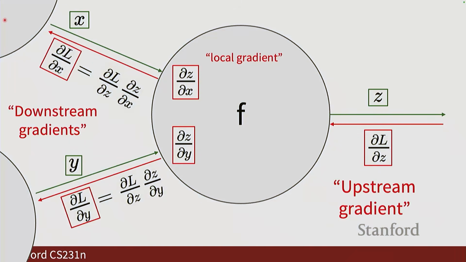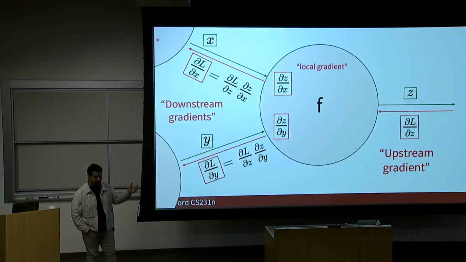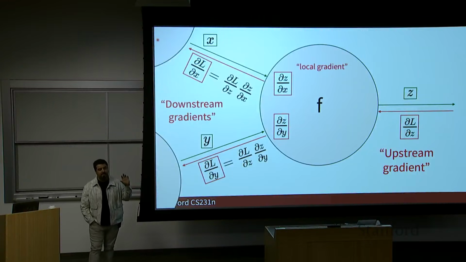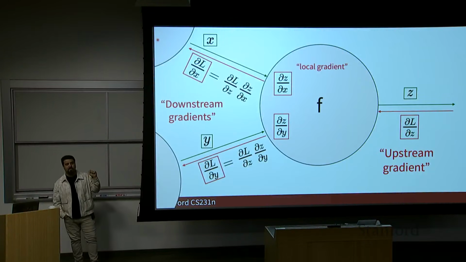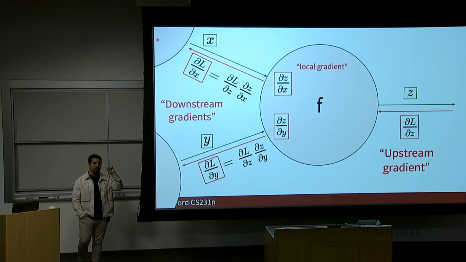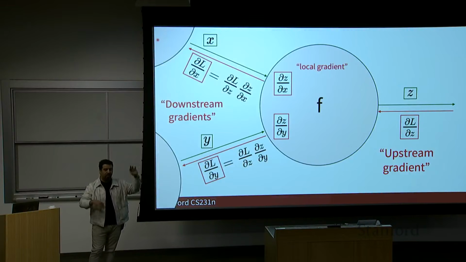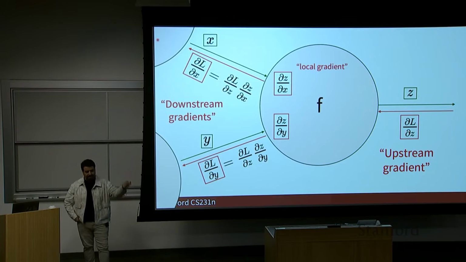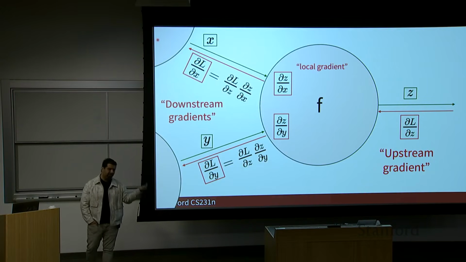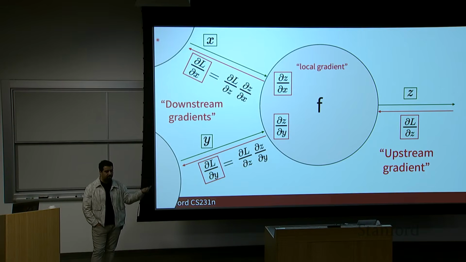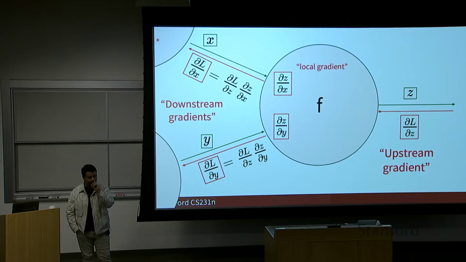If I understand the question correctly, you're saying, how can we understand this intuitively, what the gradients are doing, right? So let's take one step back and see why we are here to begin with. What we needed was to calculate the gradient of the loss function with respect to W1 and W2 and Ws in general, to be able to take a step in the opposite direction of the gradients, to be able to find the optimal loss.